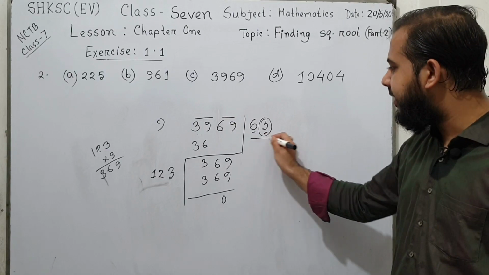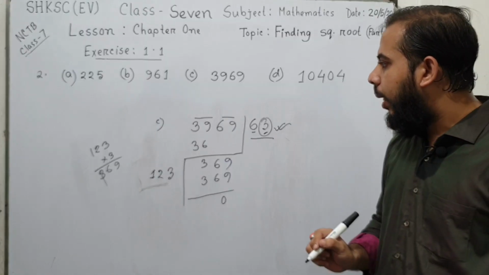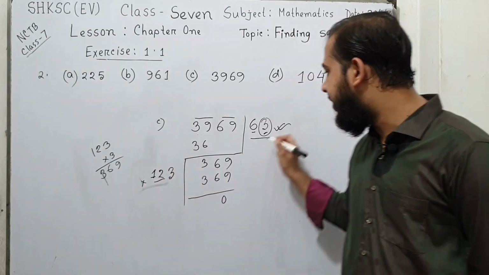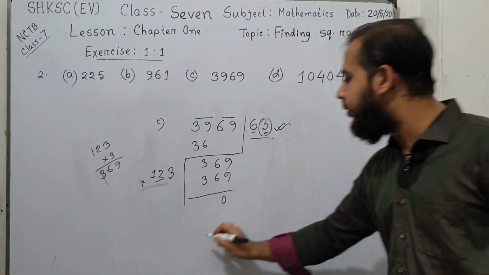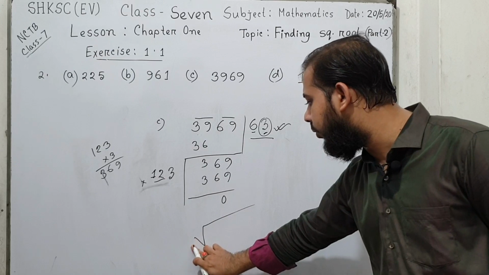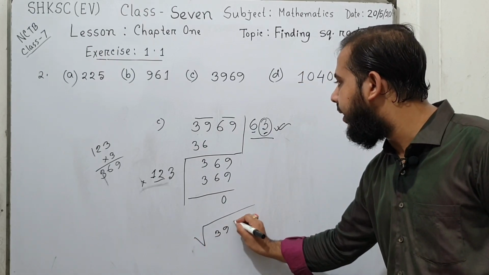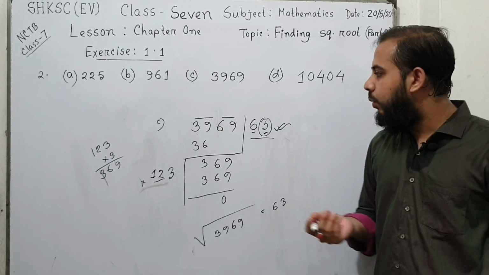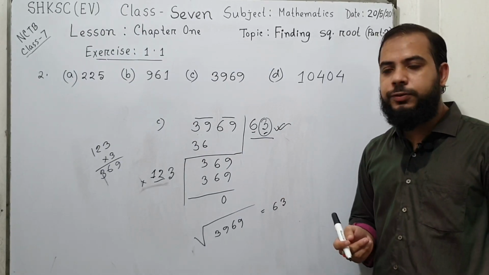So this is the answer. Don't confuse this one with the answer. This is not the answer. This is your answer, which is the square root of 3969 will be 63. That is how we can find the square root of any number.